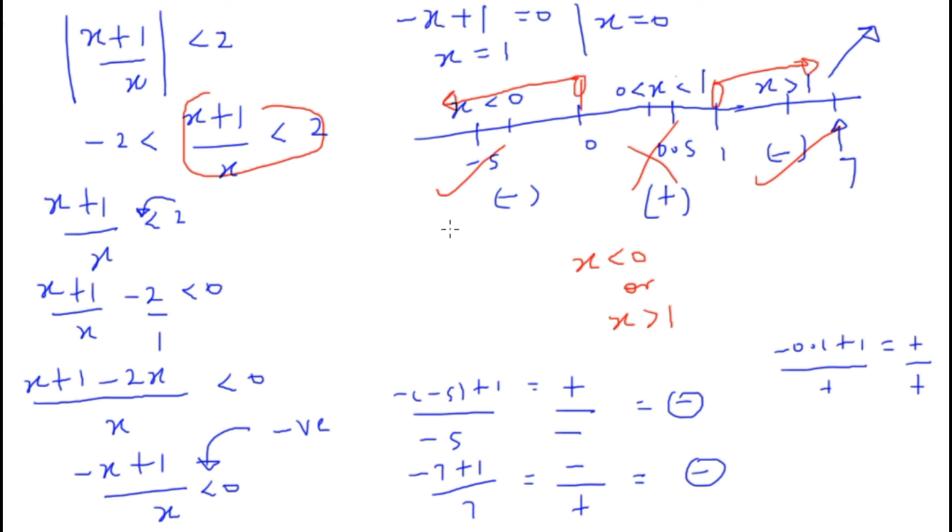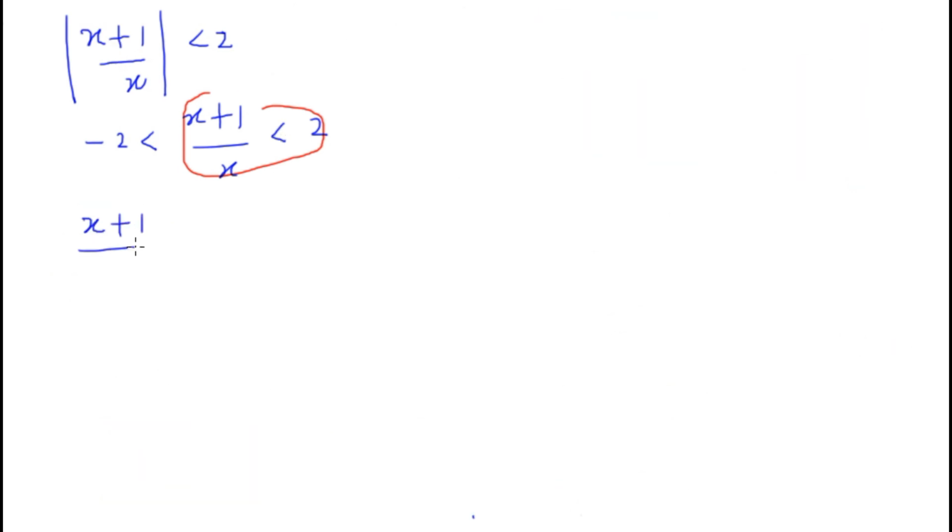Alright, for that answer, now let's solve the other part of the problem. x plus 1 upon x greater than -2. So I need to take -2 to the other side so that I'll have x plus 1 upon x, then plus 2, greater than 0.